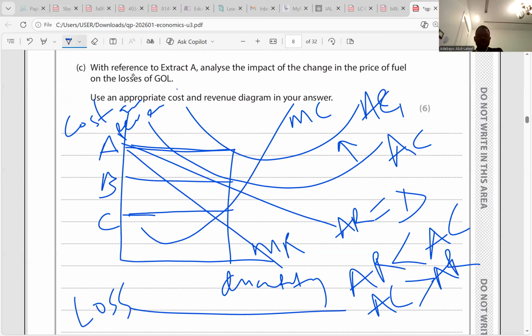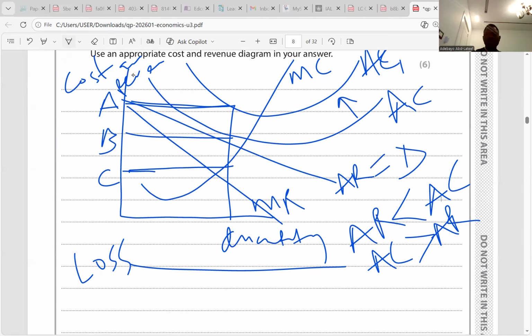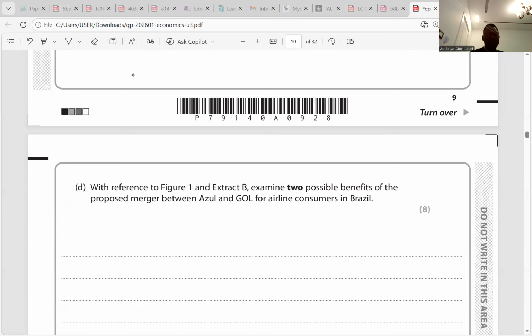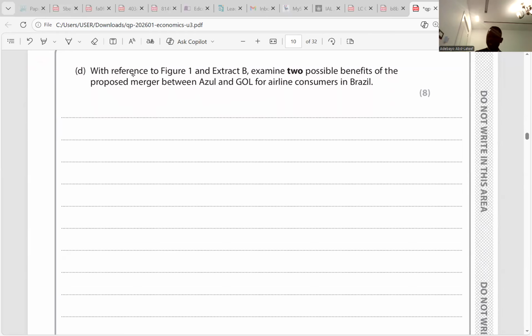We go to question 7D. For 7D, they said, with reference to figure 1 and extract B, examine 2 possible benefits of the proposed merger between Azul and Gol for airline consumers in Brazil.